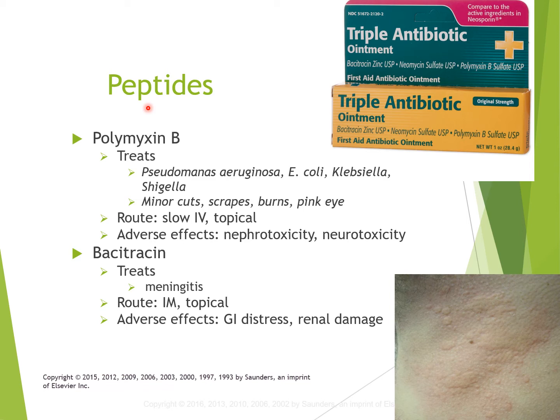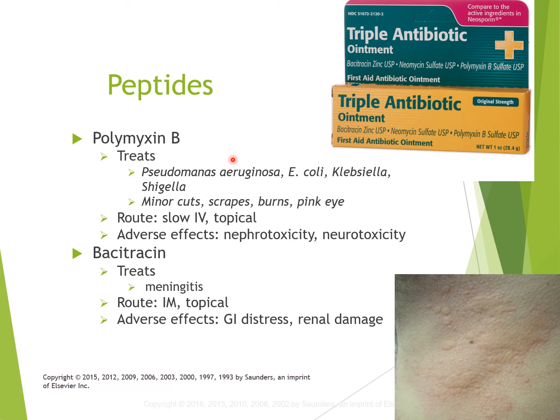However, in the hospital, I have seen doctors still use it if the person's at high risk for developing infection. So just kind of keep that in the back of your mind, but no longer for prophylactic use. We can also use peptides, the polymyxin B or the bacitracin, for eye ointments. If they have an eye infection, they will probably get a version of polymyxin B.